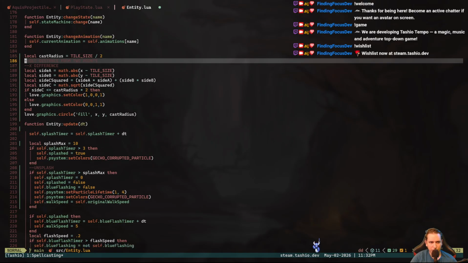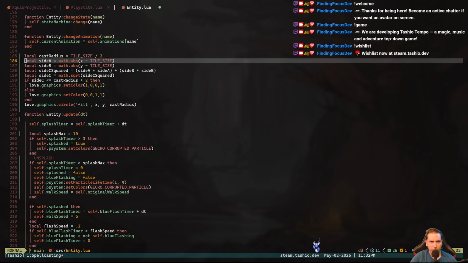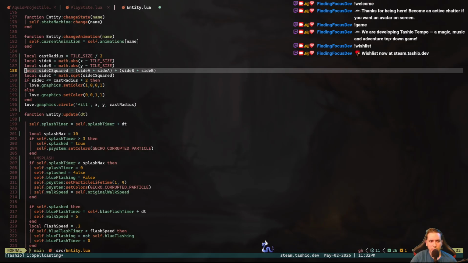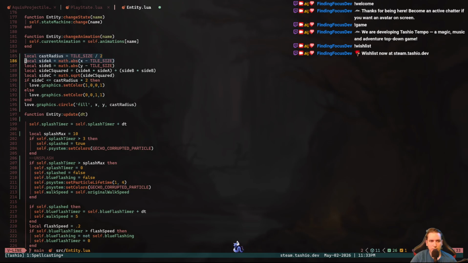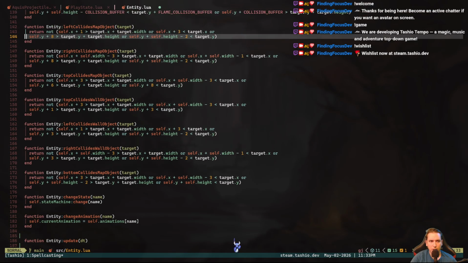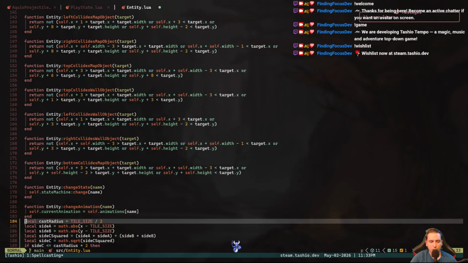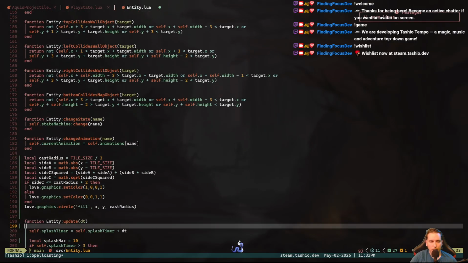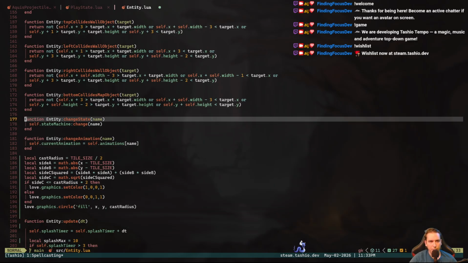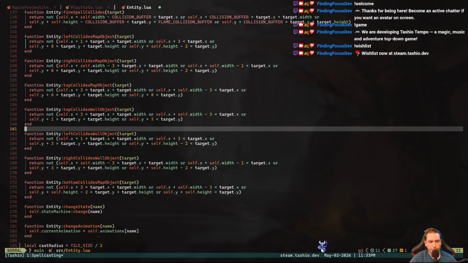Okay, so we're gonna keep our cast radius. We're gonna keep our Pythagorean theorem. The difference is, I want to say this should be on a method of the entity.